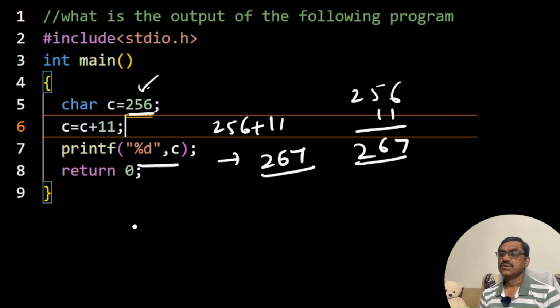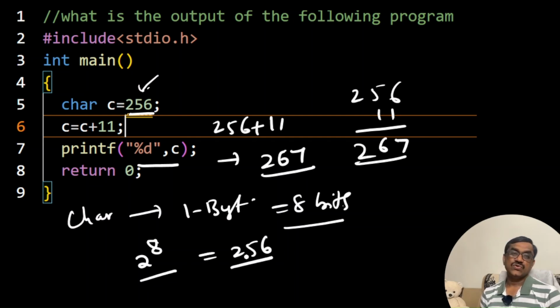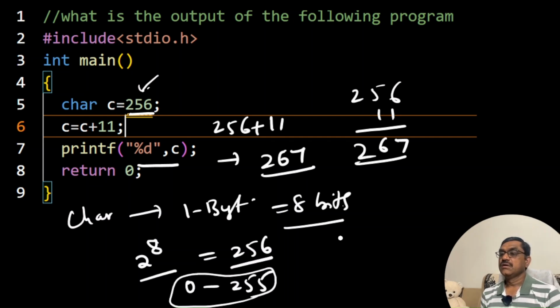What is that value? Please remember, character type variables take 1 byte. 1 byte means how many bits? 8 bits. 8 bits means the range is 2 to the power of 8, that is 256. We can store 256 values, from 0 to 255. But here, the total value we got is 267.